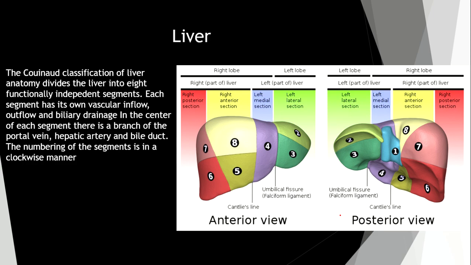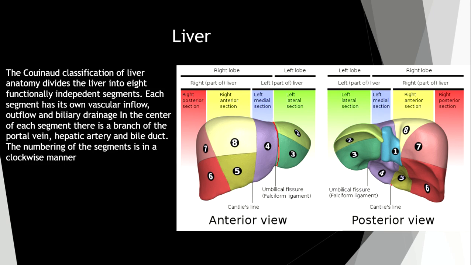As you see from the gross anatomy, we have ligamentum teres or round ligament and falciform ligament, which divide the left lobe and right lobe. But this is not the anatomical division by the vessels which go into our liver.